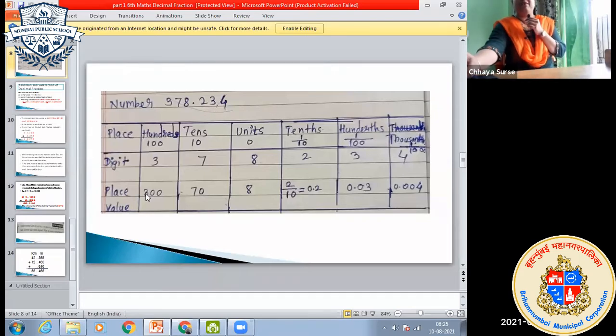This 3's place value is 300 and that 3's place value is 0.03. See the difference. Numbers look the same, but the place value is different. Clear?